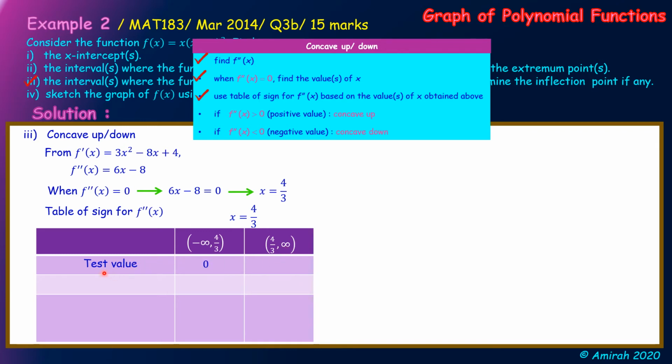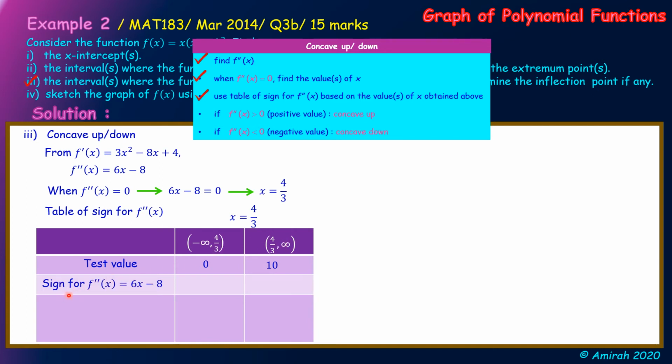Then we can test values. For the interval negative infinity to 4/3, we can choose 0 because it satisfies this interval. For the interval 4/3 to infinity, let's say we choose 10 because 10 satisfies this interval.